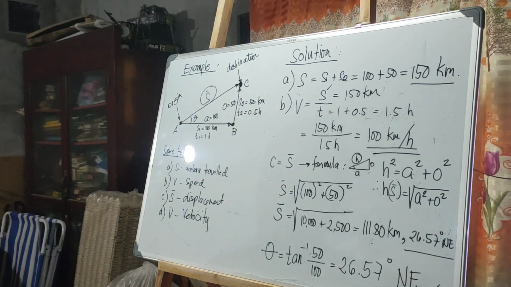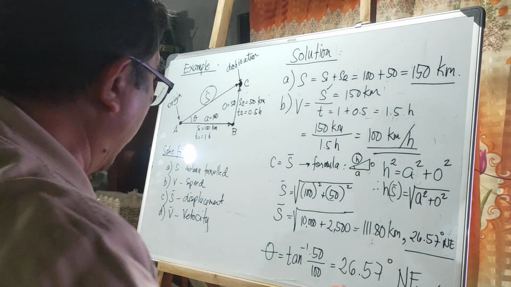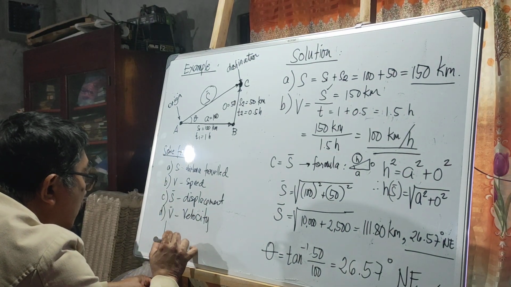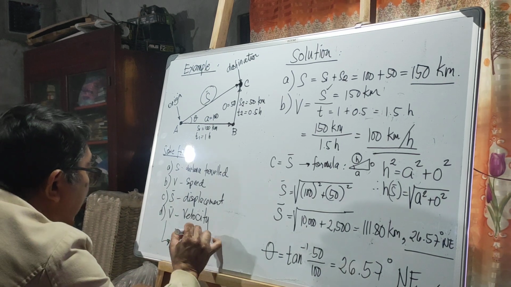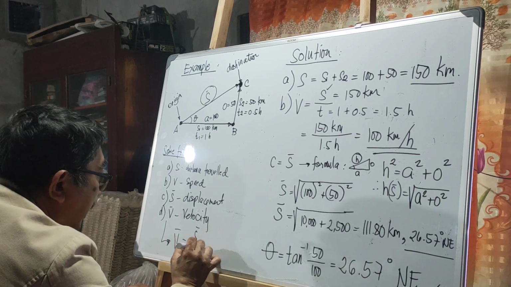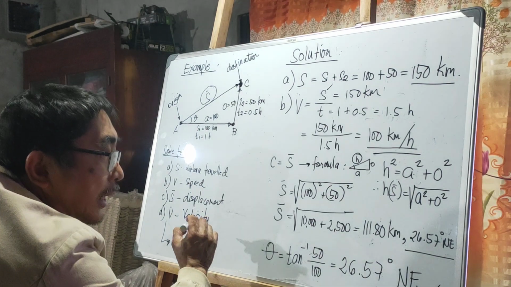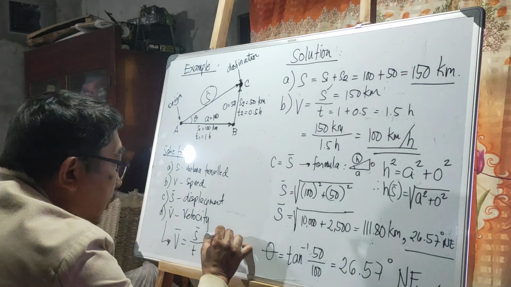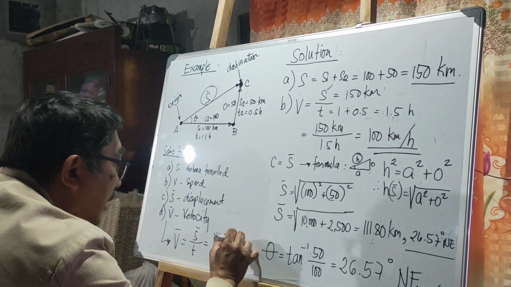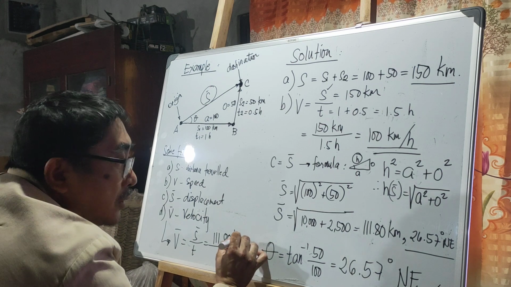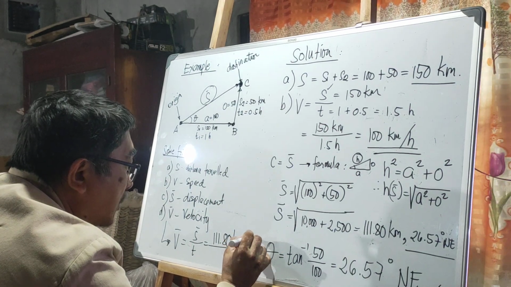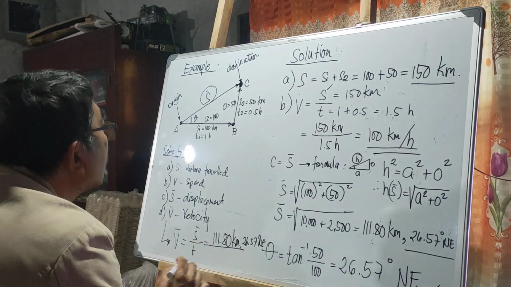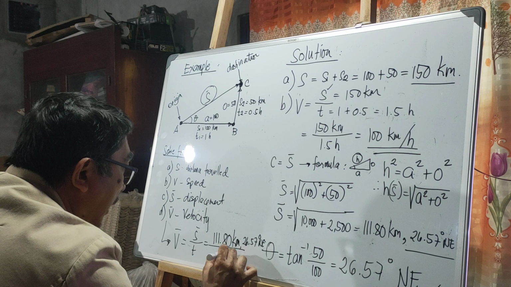Our velocity now is equal to the displacement over time, and this is equivalent to 111.80 kilometers at 26.57 degrees north of east, over a total time of 1.5 hours.